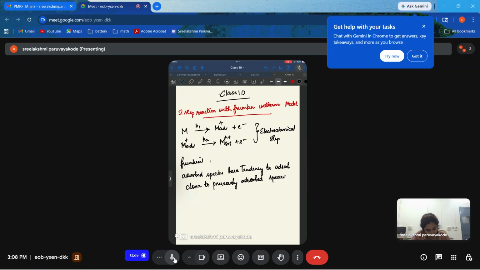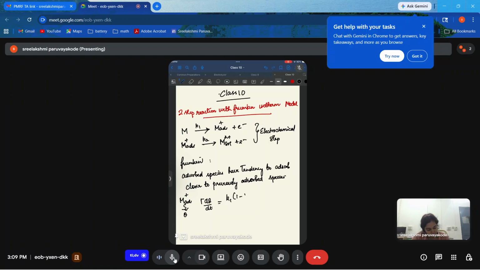Now, how do we write the normal mass balance for this one? Here we have M adsorbed species which is getting adsorbed, and we can write the mass balance for that. Gamma d theta by dt, where theta is the fraction of sites which are occupied by the M adsorbed. In the first reaction, M adsorbed is being formed.